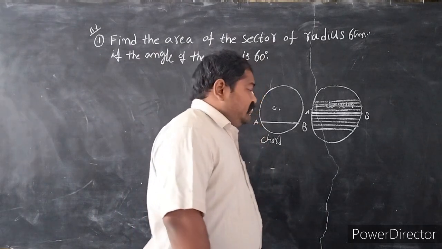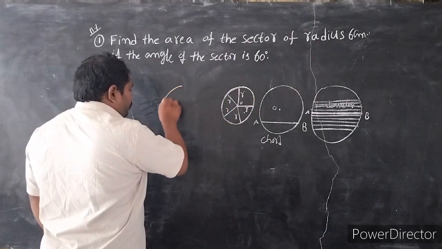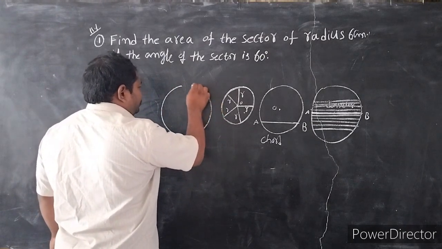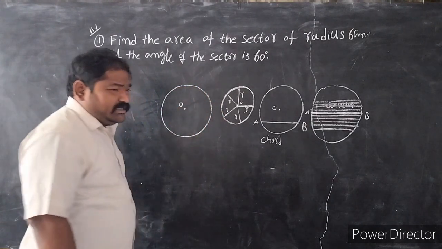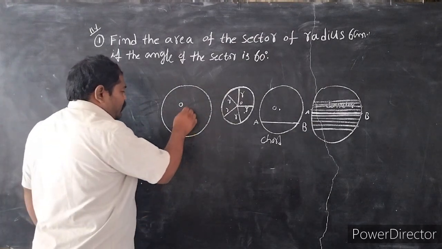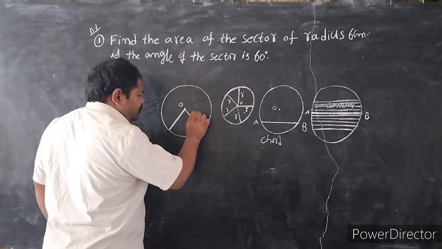And the next one. This is the center of the circle, O is the center of the circle, and these are the two radii.